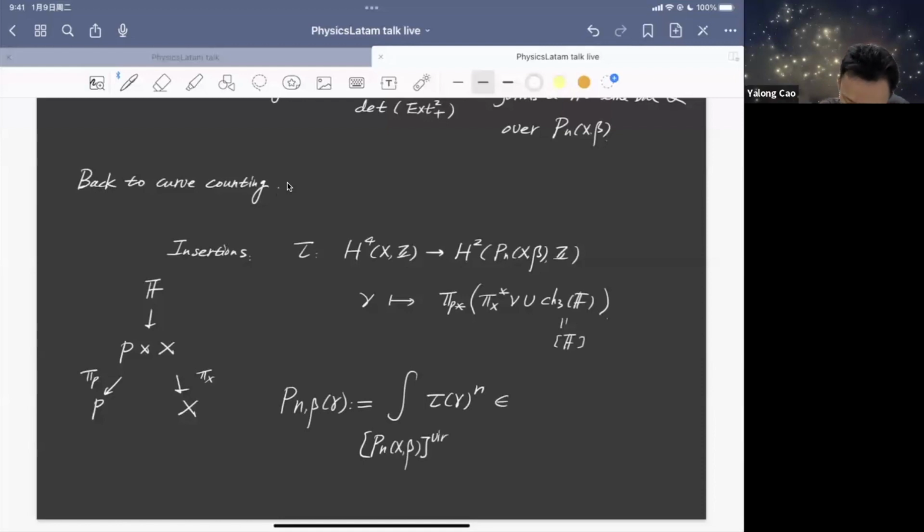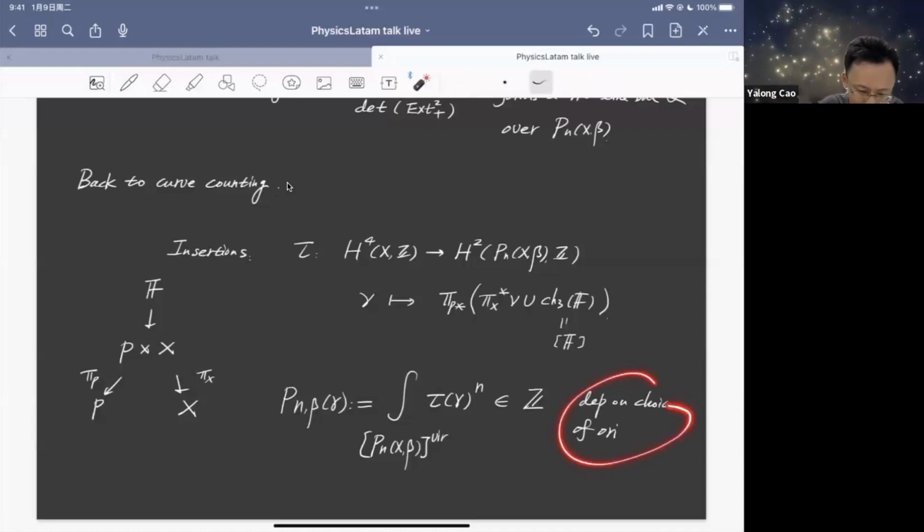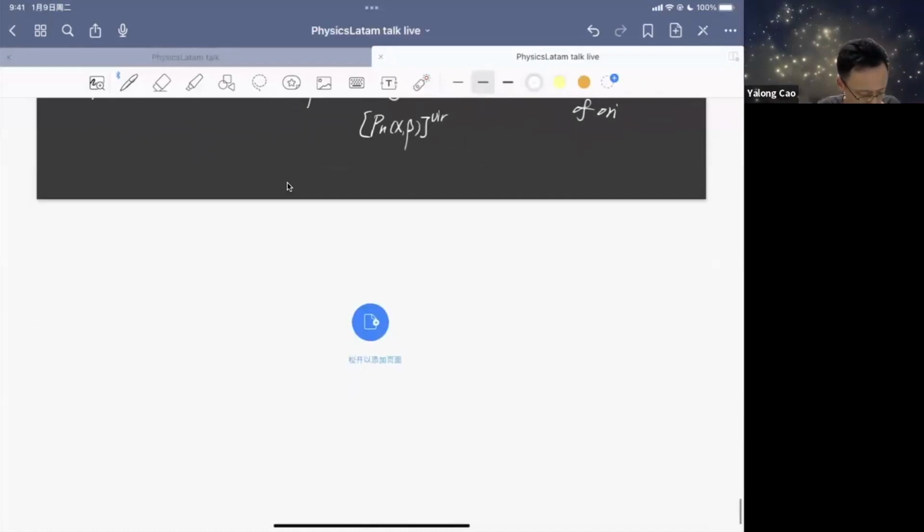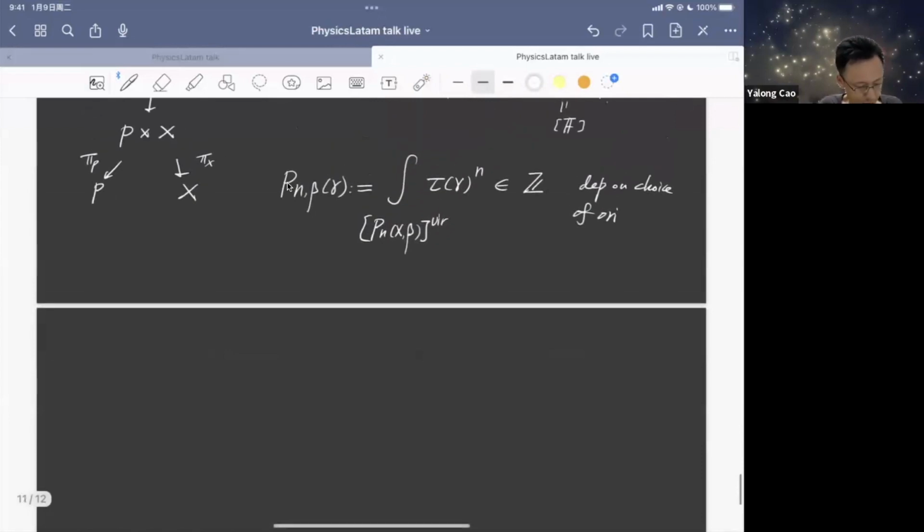Now, because the moduli space exists as a space without non-trivial automorphism, it exists as an integer. But I want to say this depends on the choice of orientations. Anyway, it's a little bit subtle here, but you can ignore this part.